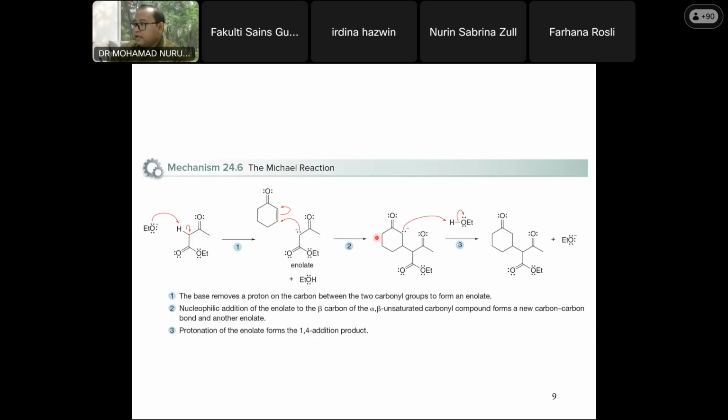After that, nucleophilic addition of the enolate at the beta carbon forms a new C-C bond, and another enolate forms. After that, it goes to the protonation reaction. So this one is nucleophilic addition. Anybody who has a pen, you can write here, nucleophilic addition. I will try my pen again, but I'm not sure it's working.